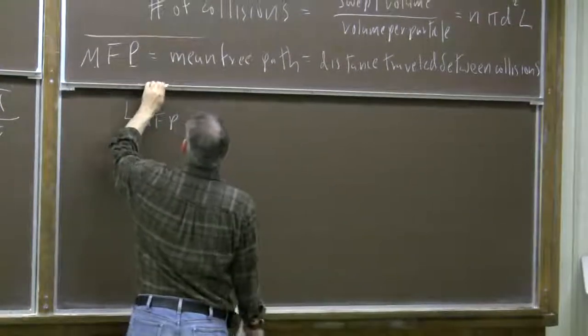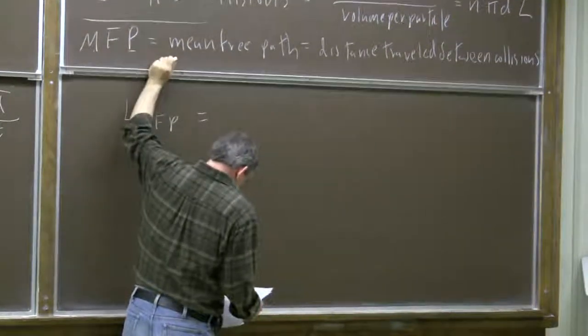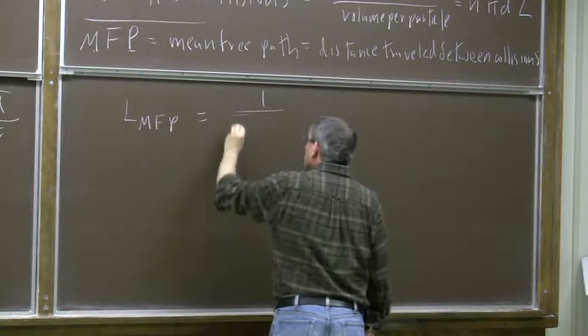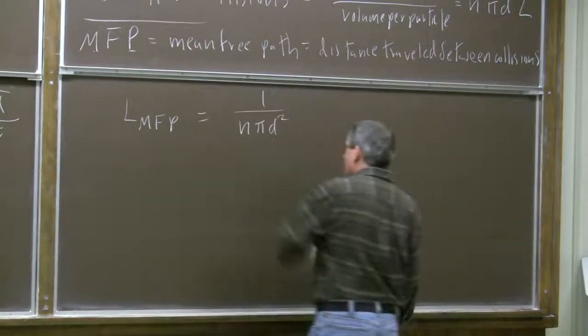I get just by setting the number of collisions to 1. So 1 over concentration times pi d squared.